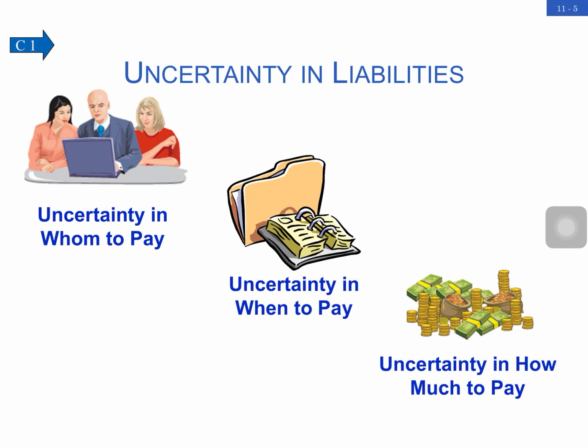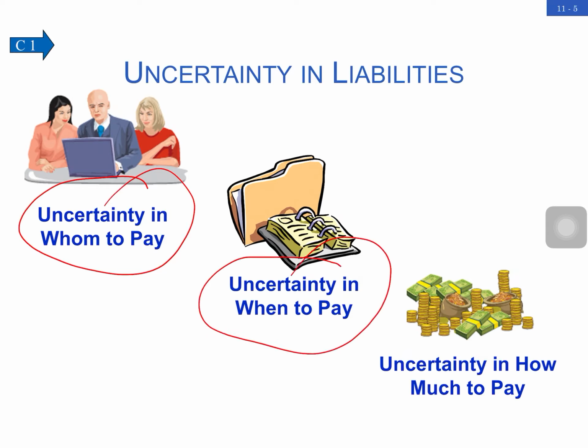We have some uncertainties in liabilities. We have uncertainty in to whom we pay, and then uncertainty in when to pay. So we have to know the date. And then uncertainty in how much to pay.